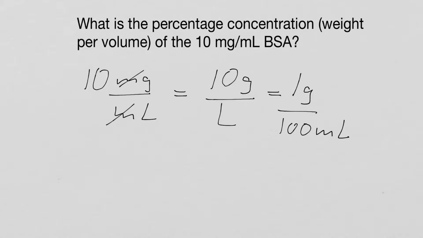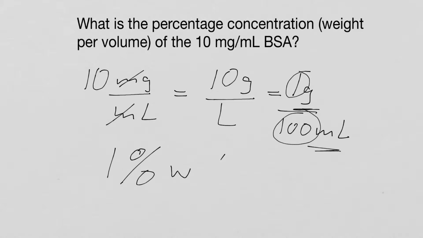Just divide numerator and denominator by 10, and I get 10 gram divided by 10 is 1 gram. 1 liter divided by 10 is 100 milliliter. So it is 1 in 100. It's the same as 1% weight per volume. That's a 1% solution.